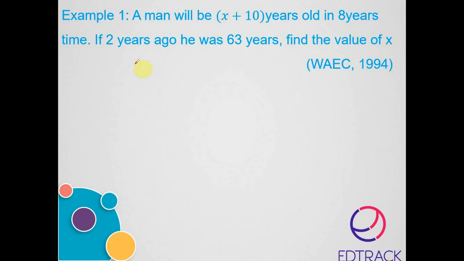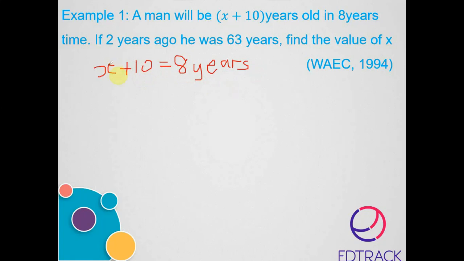They said a man will be x plus 10 years, which means x plus 10 is the age of this man 8 years from now. The first thing we need to do is find the present age of this man.